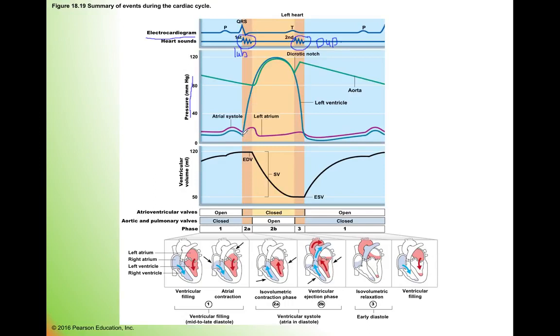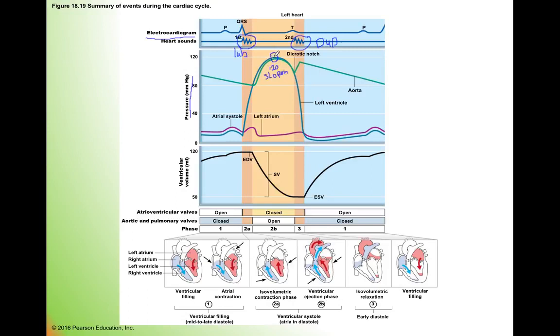So you close the valve, you have already semilunar valves closed. So what happens is you're building up the pressure inside your ventricles. Eventually, the pressure reaches the maximum, which is about 120, and this causes the SL valves to open.